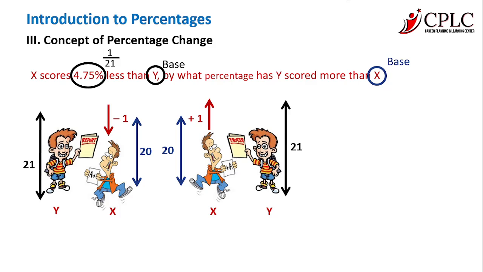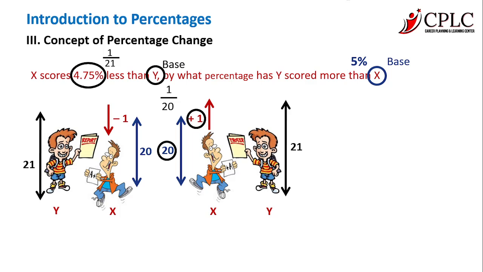So clearly it is one part more than X. So that means the fraction becomes 1 by 20, and 1 by 20, the percentage becomes 5%. So when we say X scored 4.75% less than Y, it also means Y has scored 5% more than X, for example.